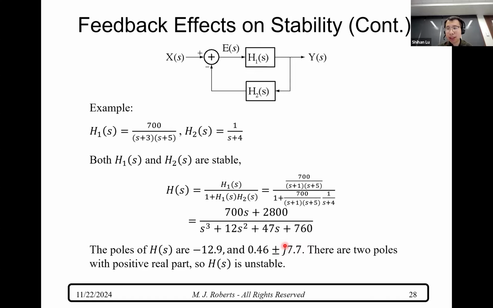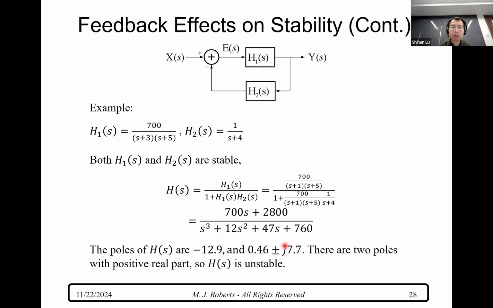Both of them have negative real components, on the open left half of the coordinates, right? So h1 of s is for sure stable. h2 of s, 1 over s plus 4, has one pole at -4. So again, it's also stable.